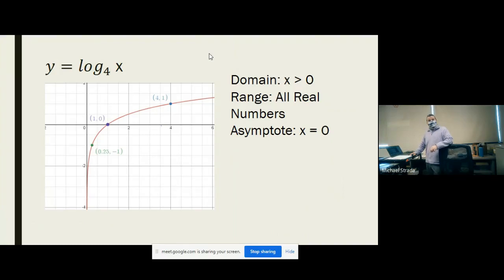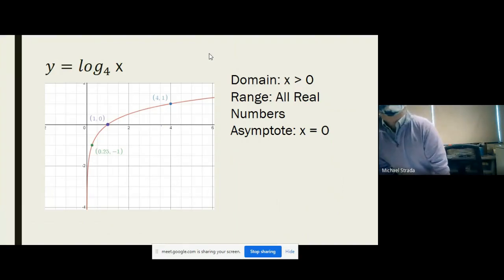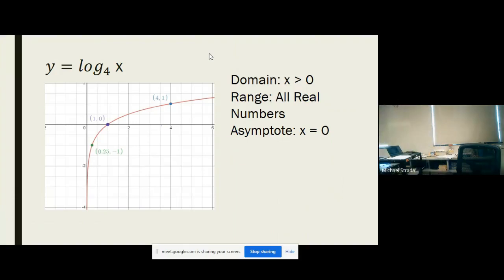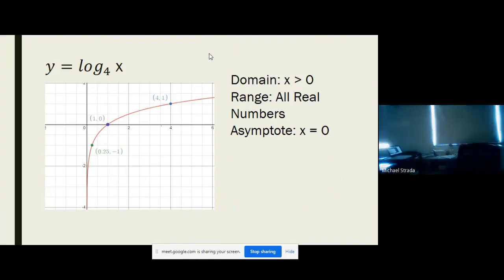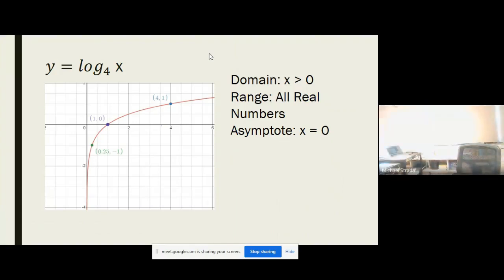The 0.25, if you can't see it, it's 0.25, negative 1, 1, 0, and 4, 1. So the points are 1/4, negative 1, 1, 0, and 4, 1.